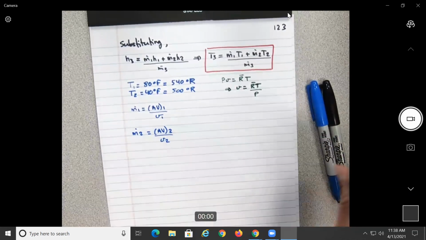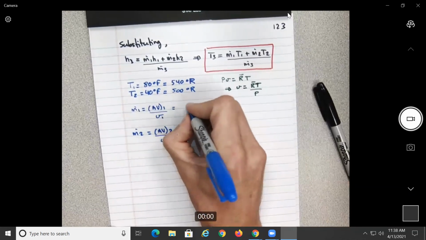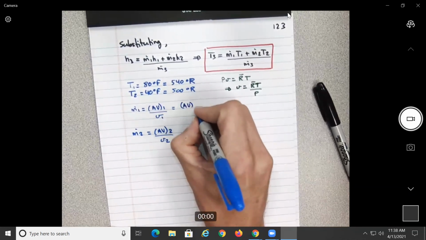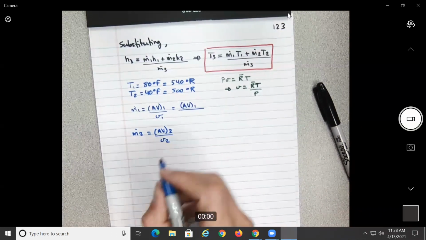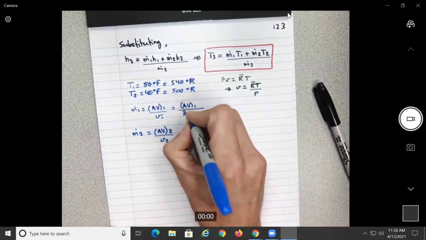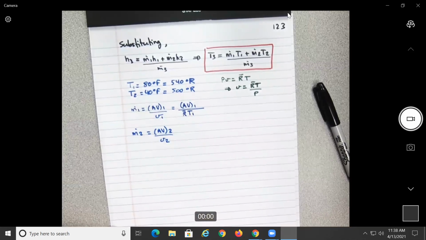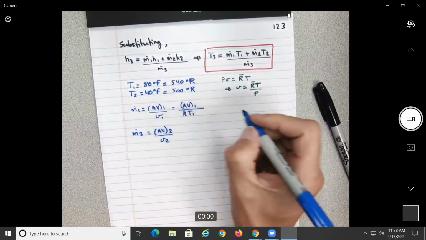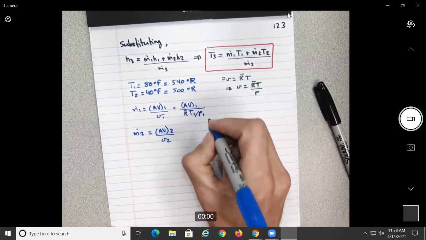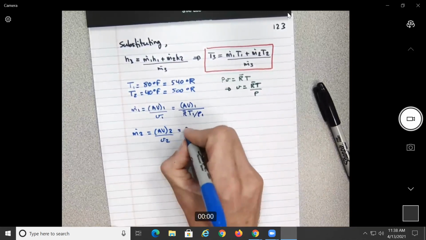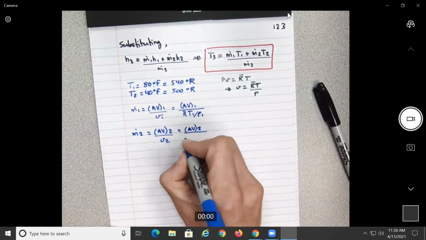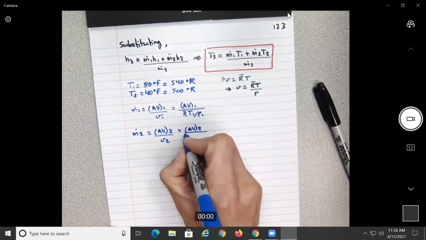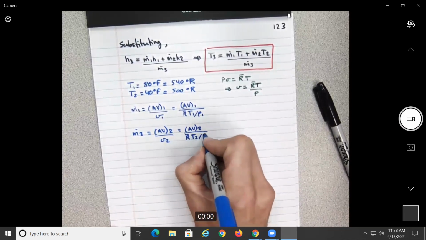So this will give you M1 equal to A V1 divided by R bar T1 divided by P1, and M2 equal to A V2 divided by R bar T2 divided by P2.